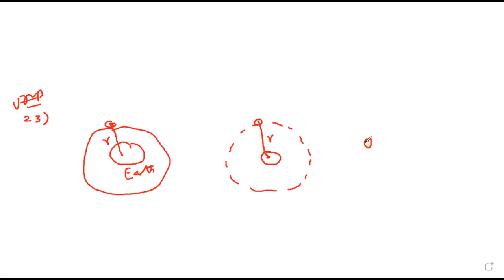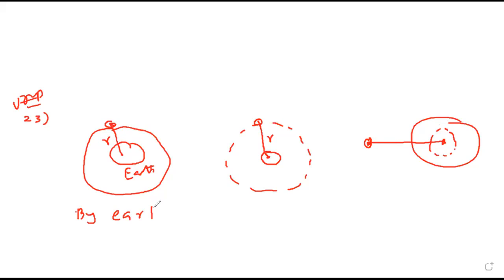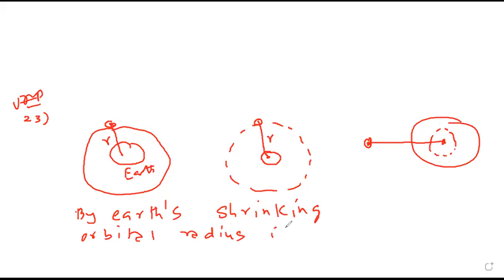This is the satellite, suppose, and this is Earth at the start. Then they said the Earth became smaller. Did the center to center distance change? No. So will the time period be affected? No. So can I say by Earth's shrinking, the orbital radius is not changed.